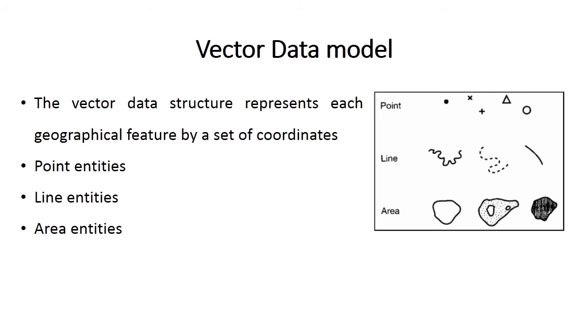So, vector xy coordinates define points, lines and polygons. The basic premise of vector based structure is to define 2-dimensional space where coordinates on the 2 axes represent features.